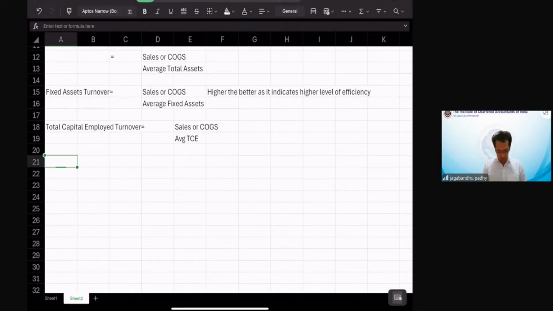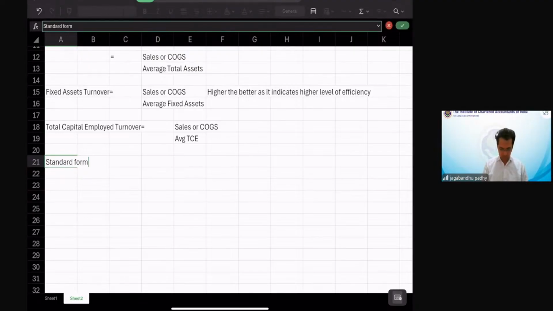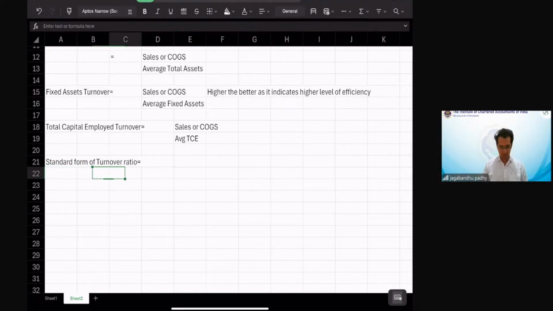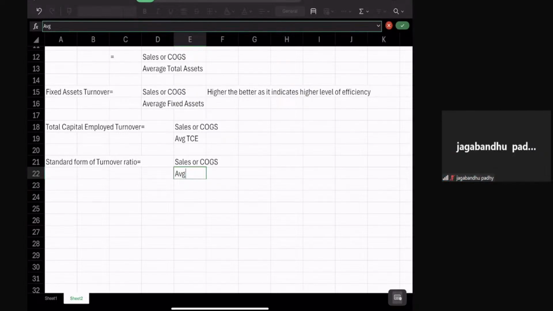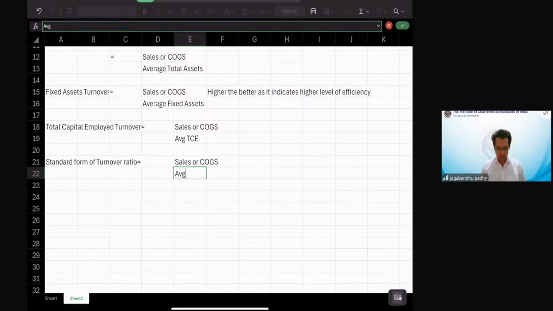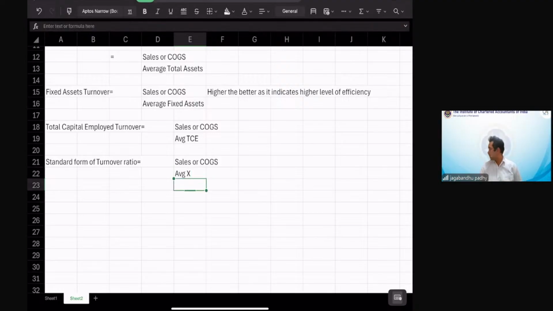Okay, so can I say all these turnover ratios have got a standard form? Standard form of turnover ratio: sales or COGS divided by average of X. Now that X can be anything, right?